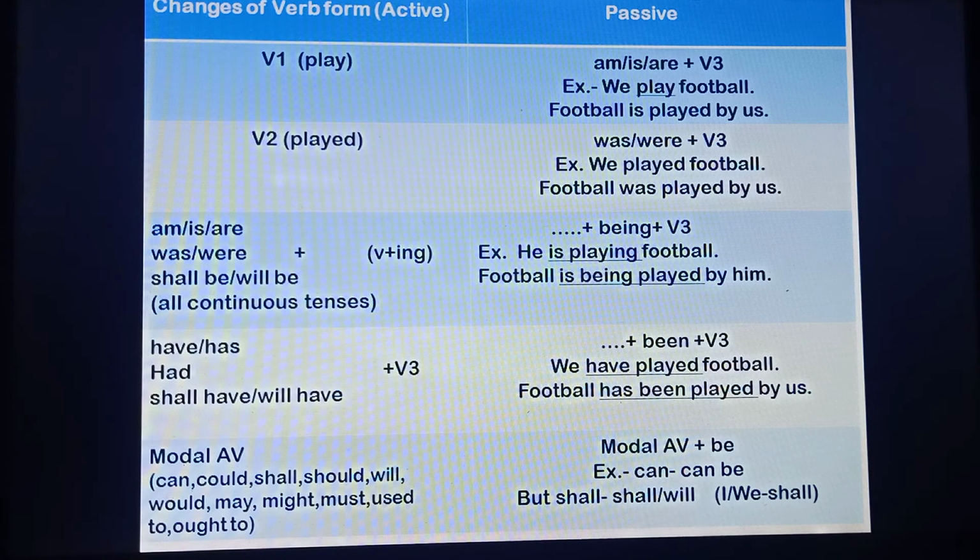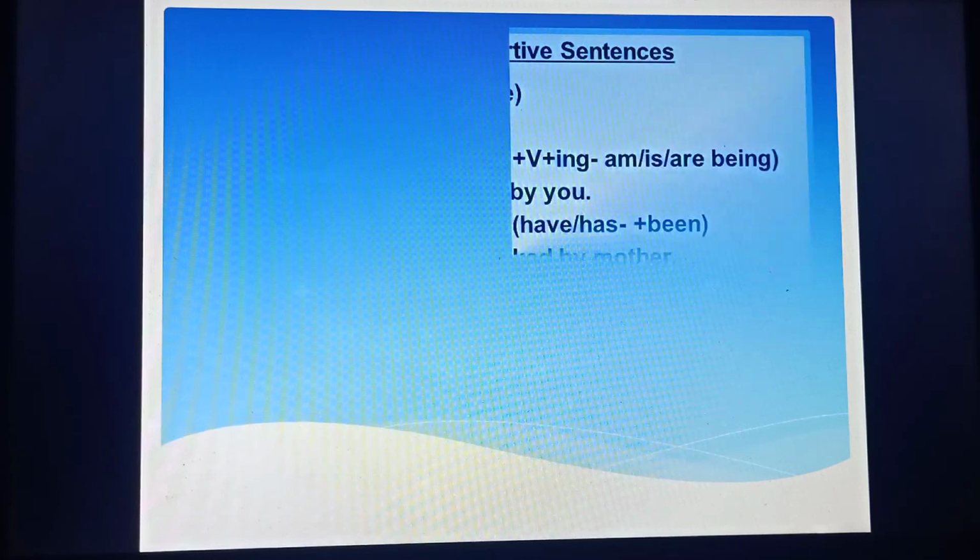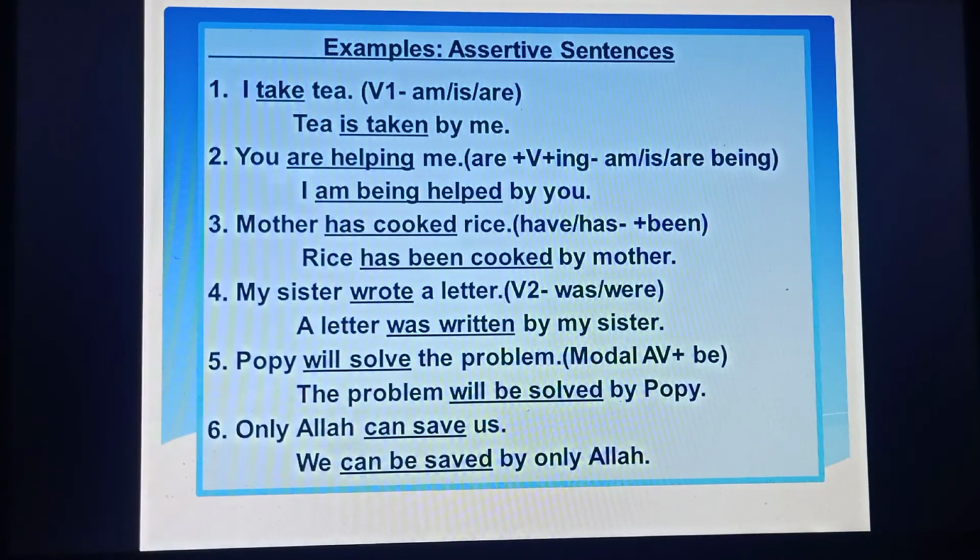But if you find shall, then either it will be shall or will. So after the subject I or we use shall, but for other subjects we will have to use will.